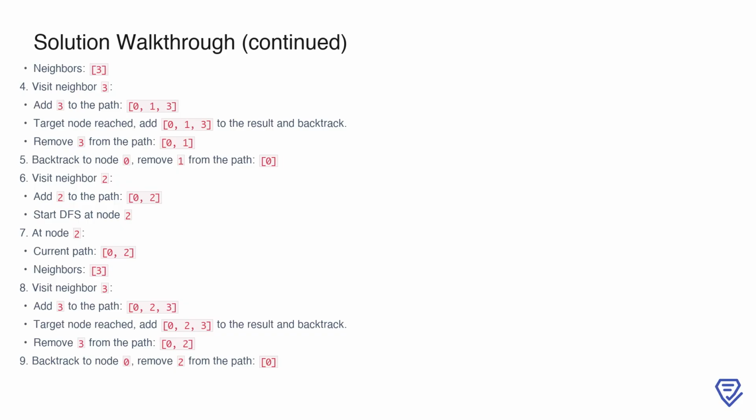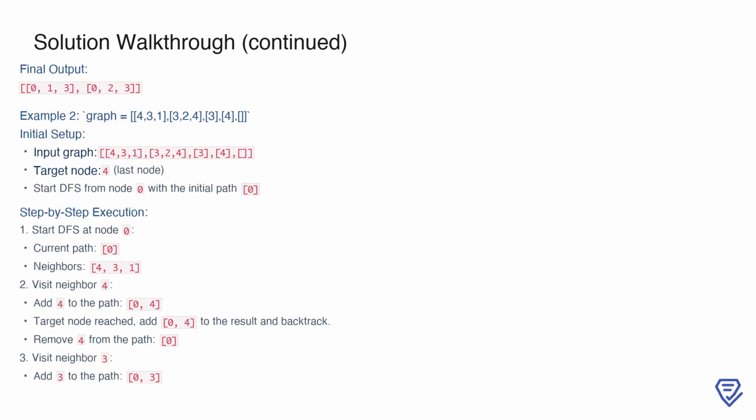Afterward, we backtrack by removing node 3 from the path, returning to [0, 2], and then backtrack further to [0]. At this point, all neighbors of node 0 have been explored. For this graph, the final output consists of all paths from the source node to the target node. These paths are [0, 1, 3] and [0, 2, 3].